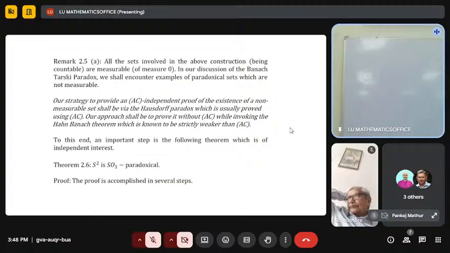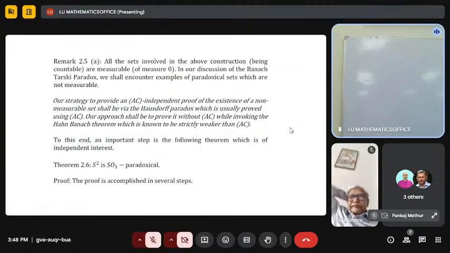You can break it into a few parts and then reassemble them, means subject them to isometries coming from SO3, the special orthogonal group, 3x3 matrices, right? What does a map do? It takes an object to some other object, and its shape may look different. Distances are the same; these are isometries. But then its geometry can change and does change here. It changes so much that apparently it looks like the volumes have doubled in the process. So this set is paradoxical.